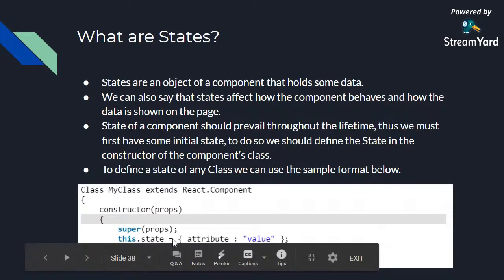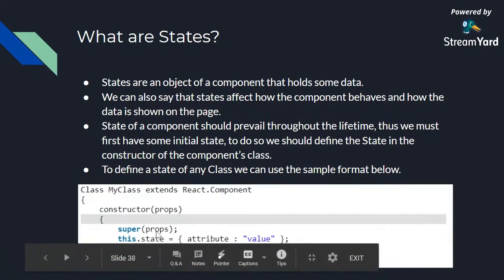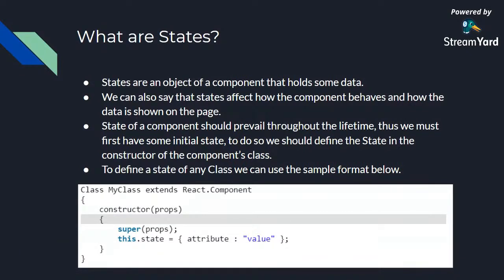So this.state equals attribute colon value. This is how you initialize the value of a state for a particular component. And the super(props) call is used to initialize the parent component state. So if the parent class passes any value to the child class, super(props) initializes the parent class state so that the value in the child component can be passed through.